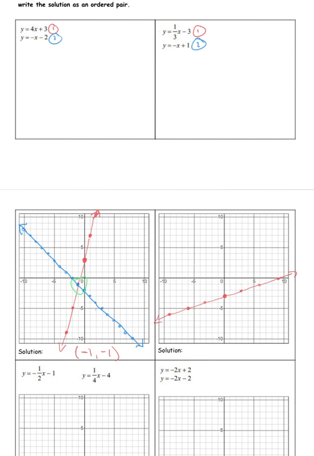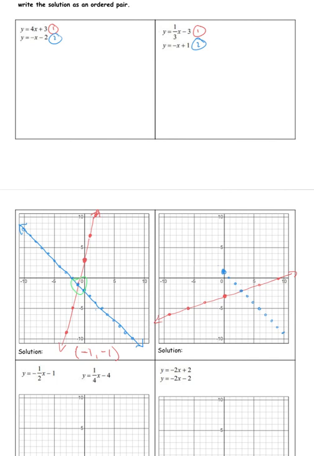All right, now for my second equation, I have y equals negative x plus 1. So we're going to start at positive 1 for our y-intercept. We're going to go down 1 to the left 1, down 1 to the left 1, down 1 to the left 1. All right, finish off the graph. Excuse me, I was saying down 1 to the left 1. It's down 1 to the right 1.